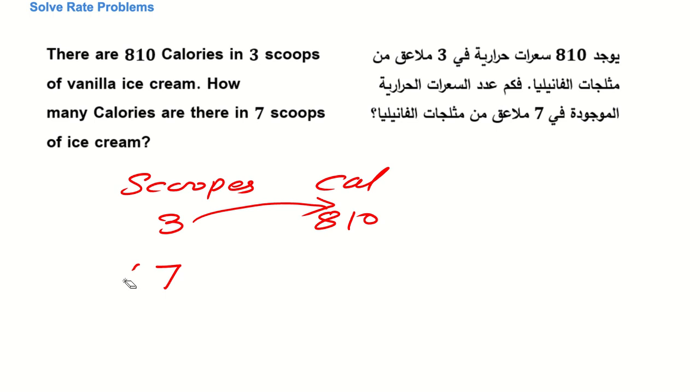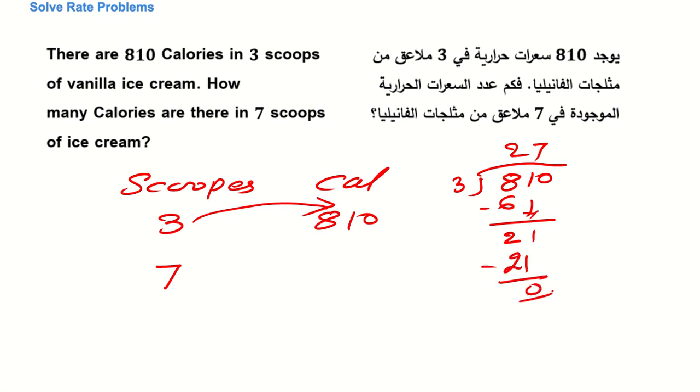So 3 and 810, can we find the division? 810 divided by 3, this is 3 2s are 6 minus 2, 1 comes down, 3 sevens are 21, this is minus 0 and this 0 goes up. So this is 270. So 3 multiplied by 270 will be equal to 810.